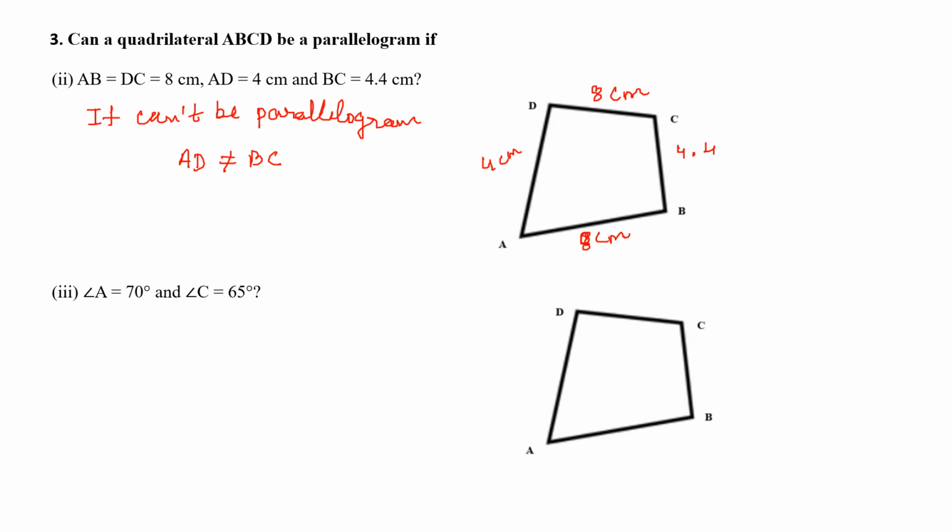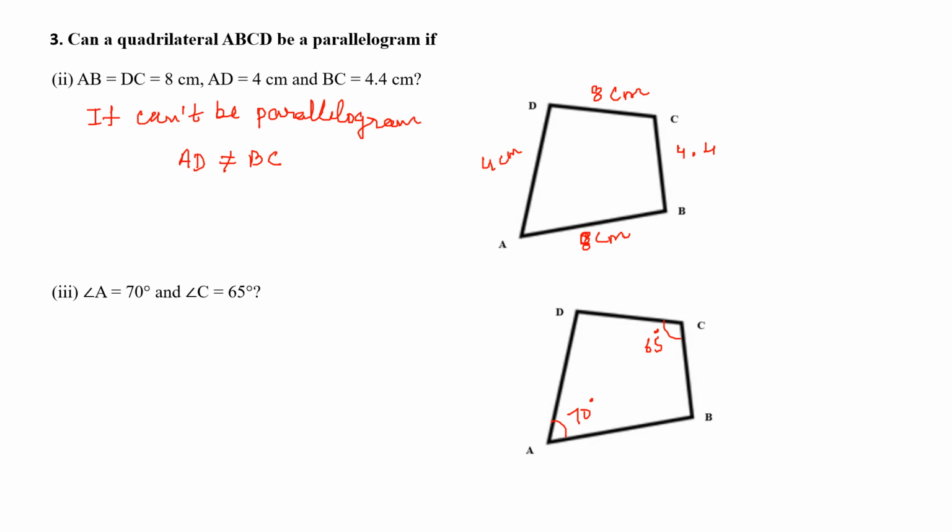Now here again it is given the angle measure of A and C. Angle measure for A is 70 degree and angle measure for C is given as 65 degree. Can we say that it will form a parallelogram? So in a parallelogram, we know that opposite angles are equal, right?